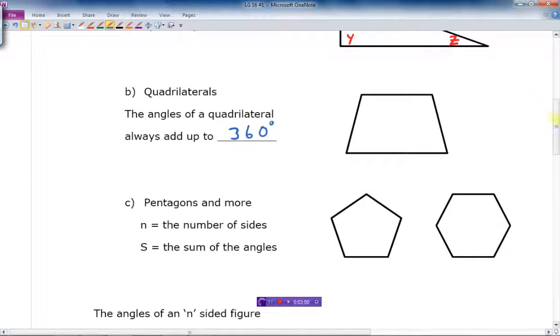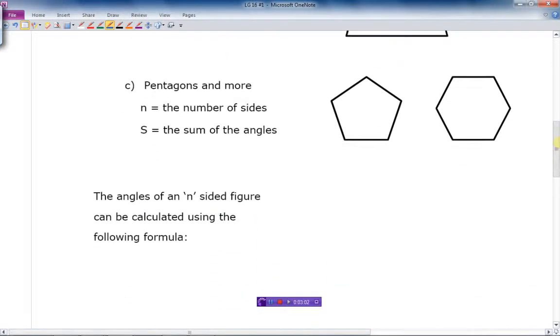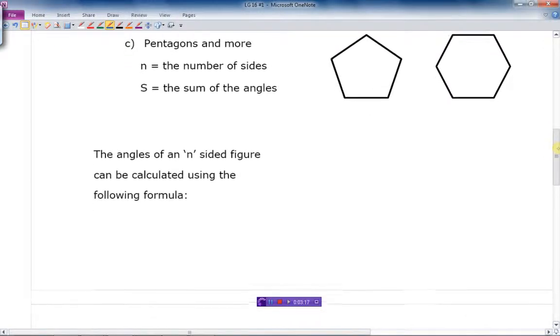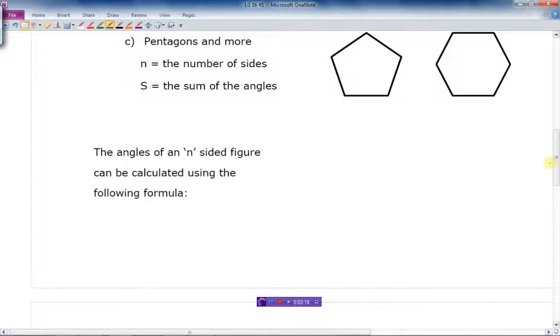Which brings us to other shapes. Pentagons, hexagons, 6-sided figures, whatever, and more. So we've got n equals the number of sides of the shape, and S is the sum of the angles, the total of all the angles of that shape. And so there is an equation or formula we can write down.